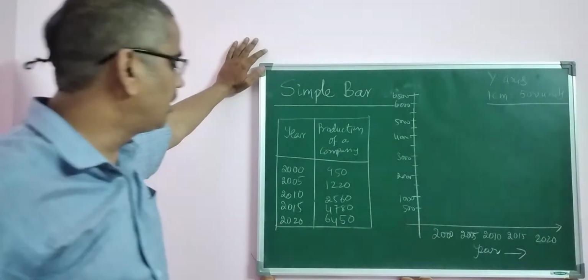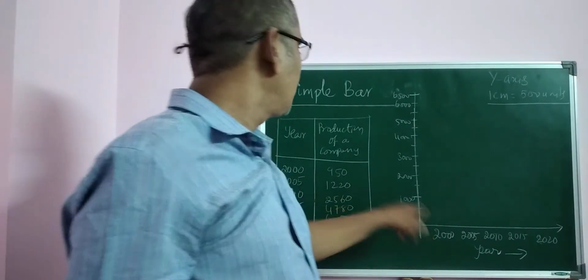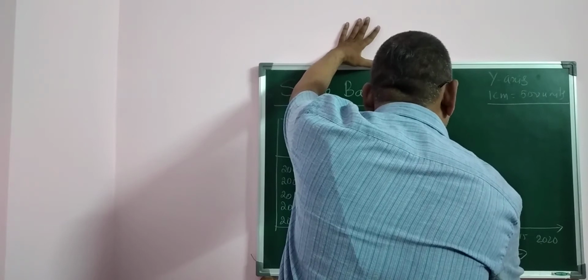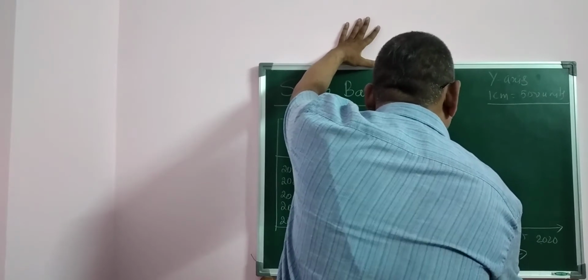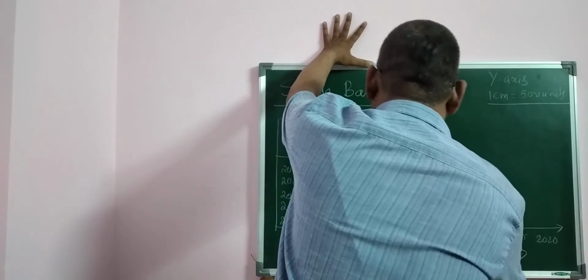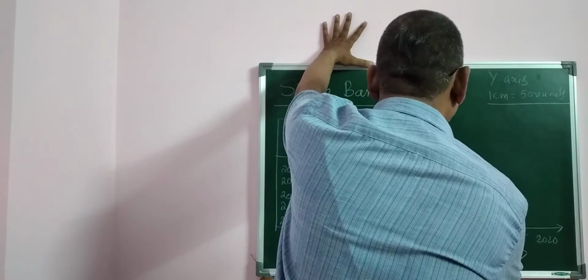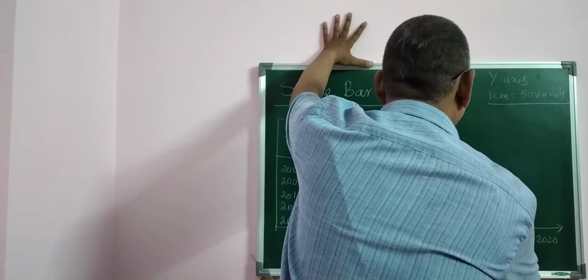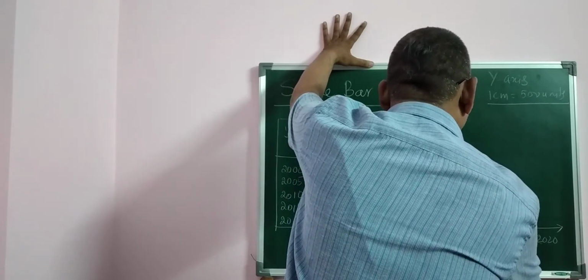So now we have to represent 2000. For the year 2000, it is 950. So approximately I am drawing here, it is 950, somewhere here it is going to be. I am representing the bar in this fashion. This is 950. And then 1220. So this is 1220. Approximately I am drawing here.